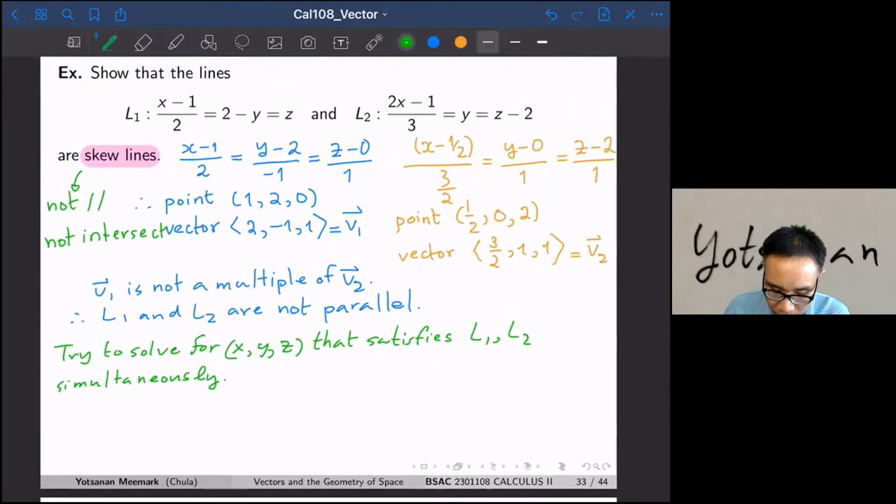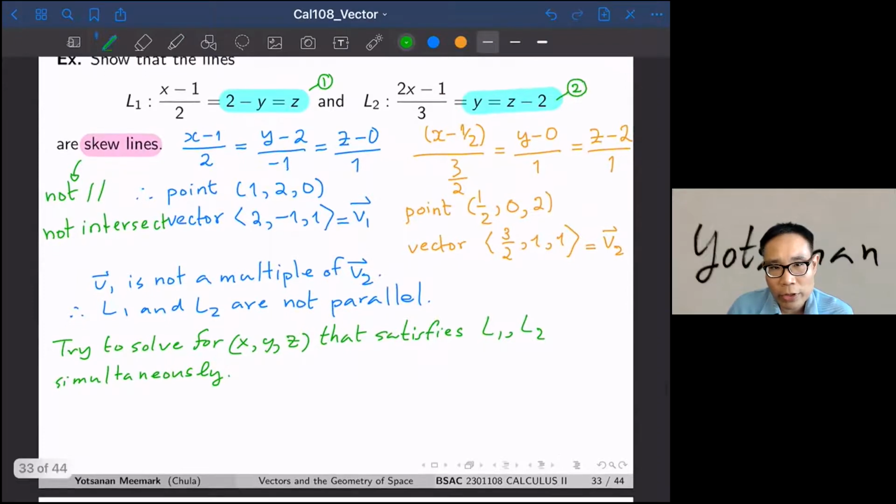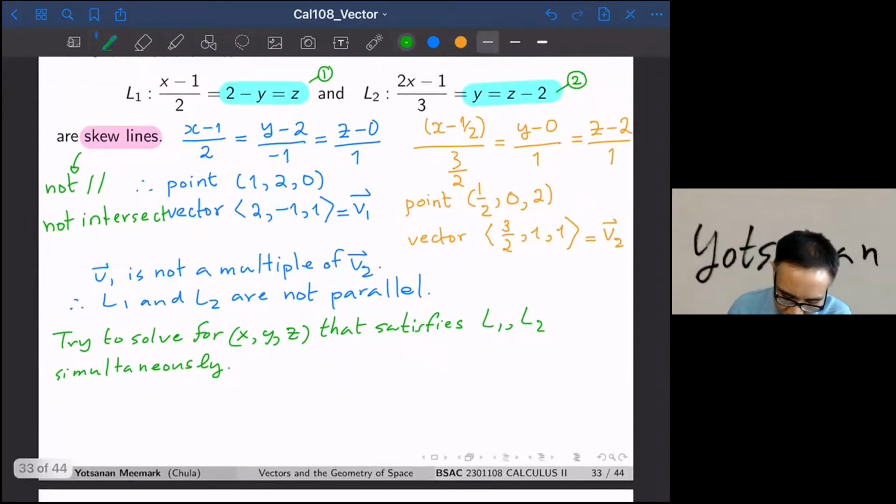We're going to solve for y and z first, which should be simple. Look at the first equation and the second equation. From these two equations, we have 2 minus y equal to z, and y equal to z minus 2.